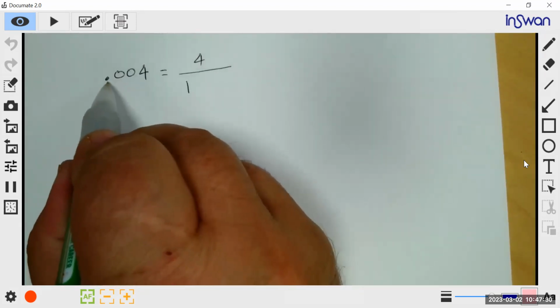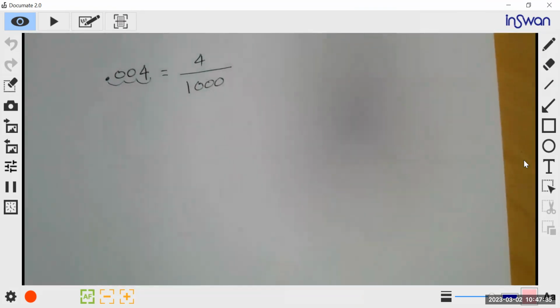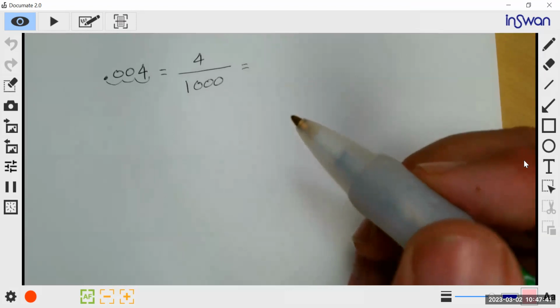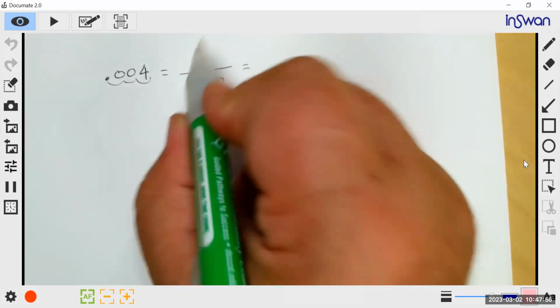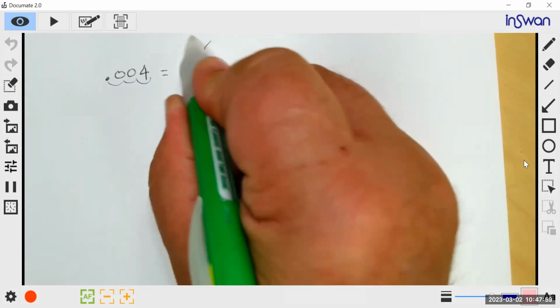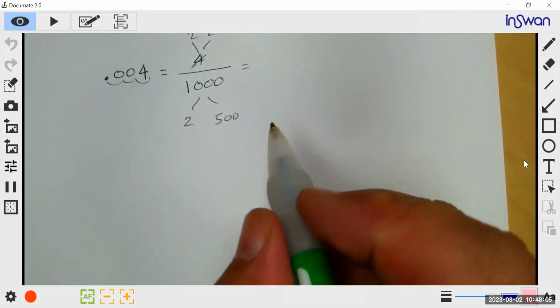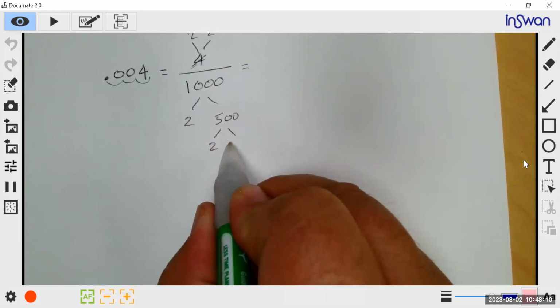Count how many spaces you move it. 1, 2, 3. So it's 3 zeros. Right, because it has to be behind the 4. And it can be simplified. What do they both have in common? Two, yeah. 2 goes into 10, 2 goes into 4 how many times? 2 goes into 1,000 how many times? In 500, 2 goes in there how many times?